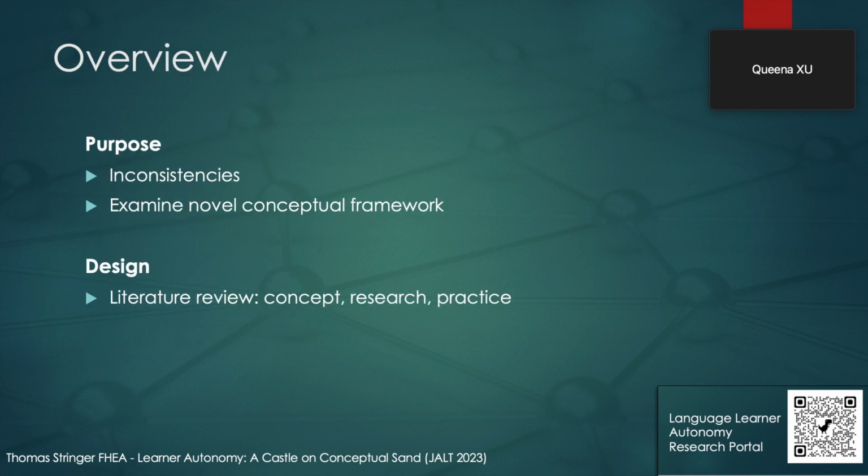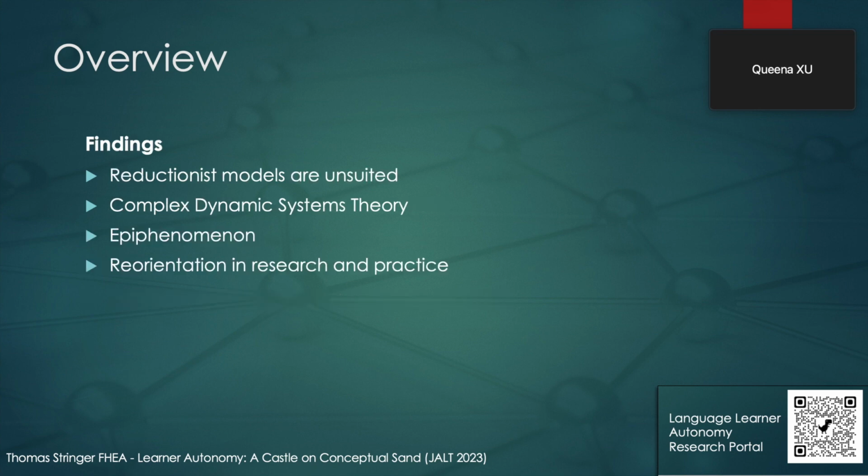Okay. So, as I said, just to begin with, I'll start with a brief overview of what today is going to be about. The main purpose of the presentation is to identify some of these inconsistencies in the literature surrounding autonomy, and then look at a new way of conceptualizing the construct. We'll be looking at some different aspects of the literature as well to get that underway.